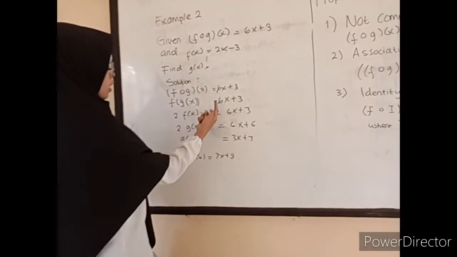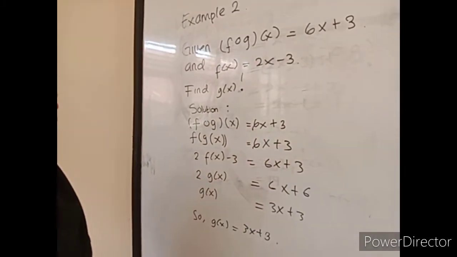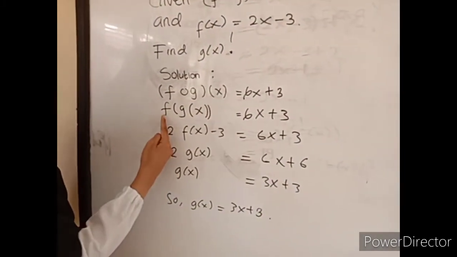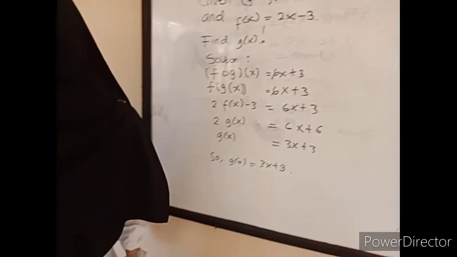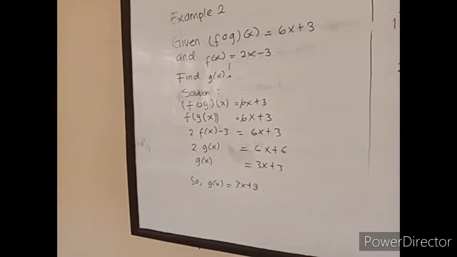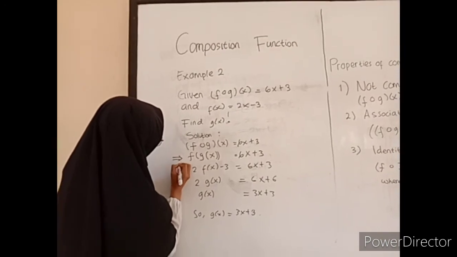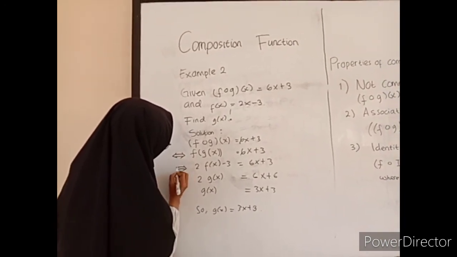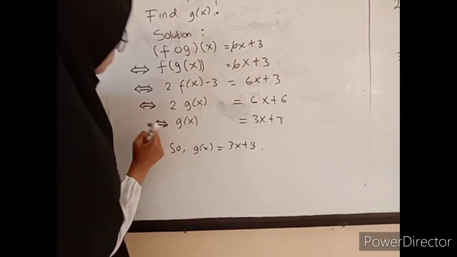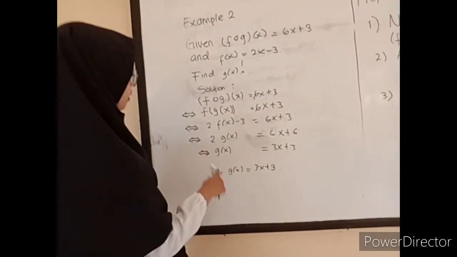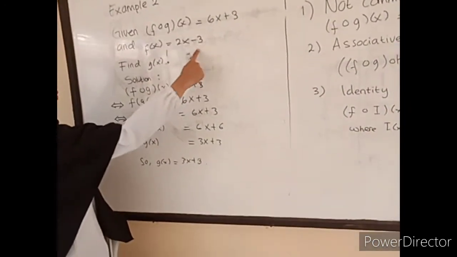f from g(x) is equal to 6x + 3. And then we can write f(g(x)) = 6x + 3. Don't forget to write the equivalent here. Okay, and then f(x) is equal to 2x - 3.